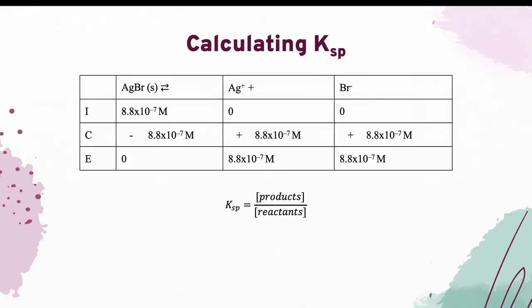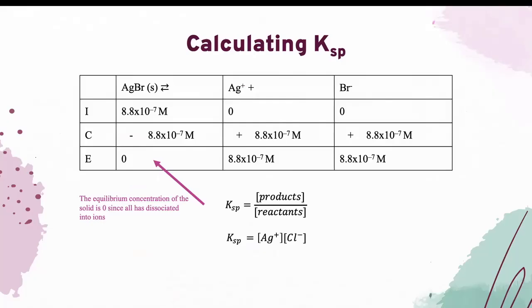Okay, so now we need to calculate Ksp. We know from previous videos and the entire basic equilibrium unit, you calculate K with the concentration of products over the concentration of reactants. The equilibrium concentration of the solid is 0 because the 8.8 times 10 to the negative 7th molar fully dissolved into ions.